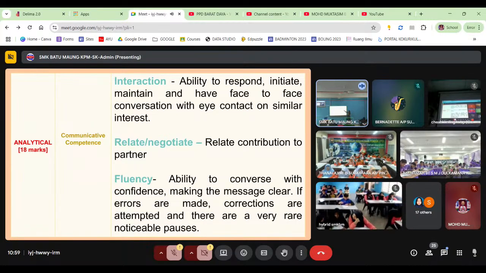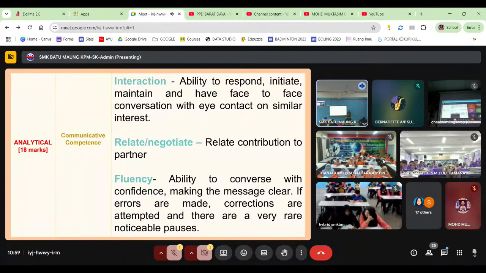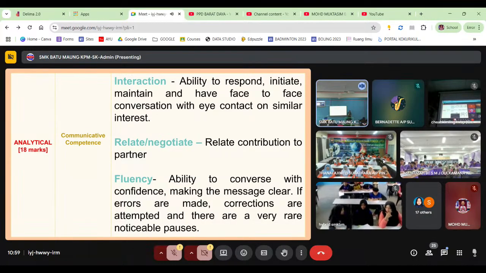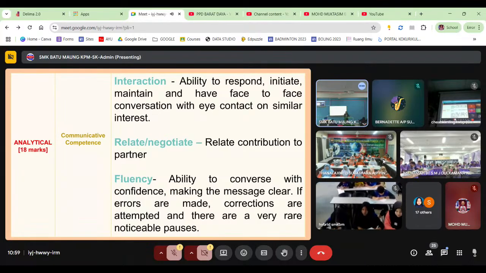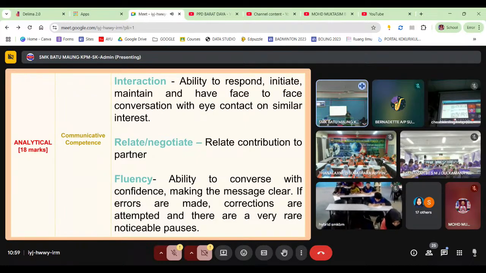So there are three aspects that you need to pay attention to when it comes to communicative competence. The first one being interaction. For part 1 and part 2, you will be interacting with the teacher. And for part 3, you will be interacting with your partner.